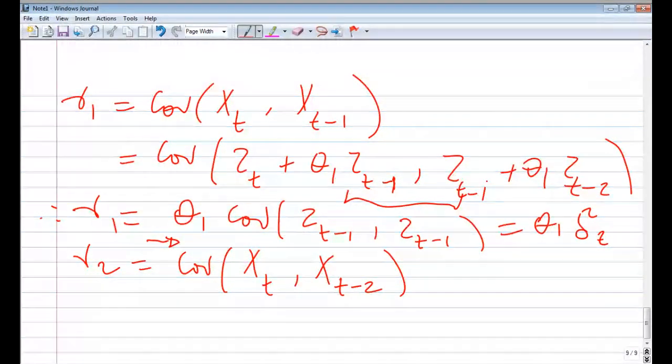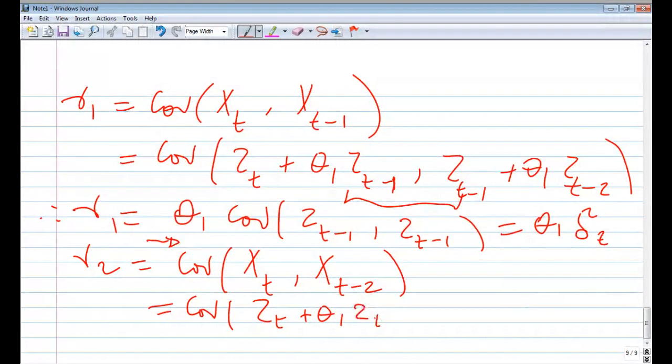So gamma 2 is equal to the covariance of xt, xt minus 2. Which is equivalent to the covariance of, what is xt? Xt is zt plus theta 1 zt minus 1. Sir, in step number 2, on the term number 3, is it zt minus 1 or zt minus 2?